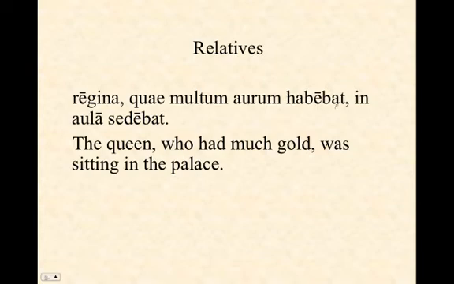Now, everything else is identical because you use the same ending for masculine or feminine of these verbs. But notice here, the word for who is now quae. Quae is the nominative singular relative pronoun referring back to a feminine antecedent. The queen who had much gold was sitting in the palace.